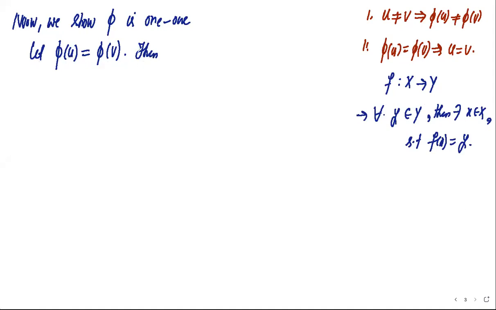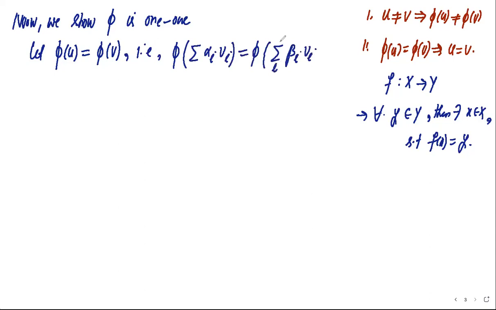So let two images be equal. Then phi of summation alpha I vi is equal to pi of summation beta I vi, where I is running from 1 to n.